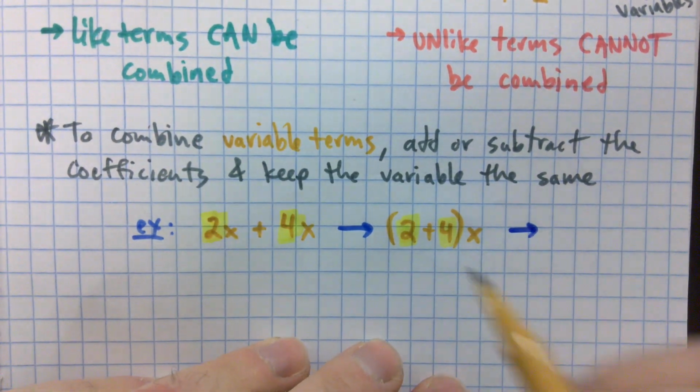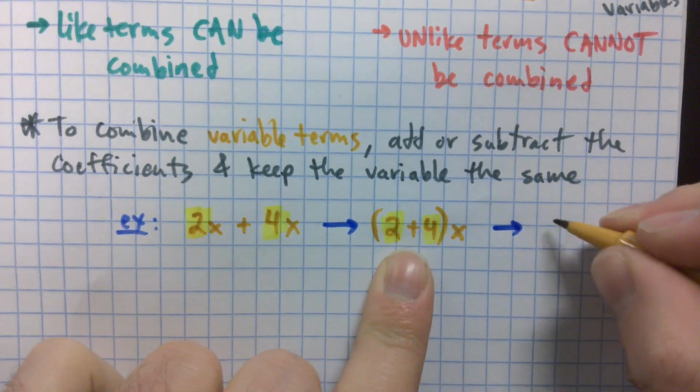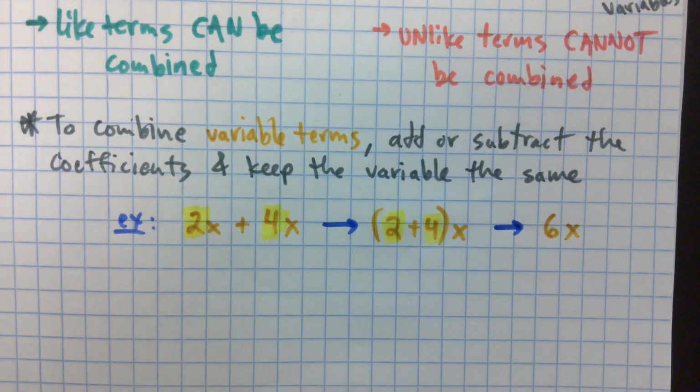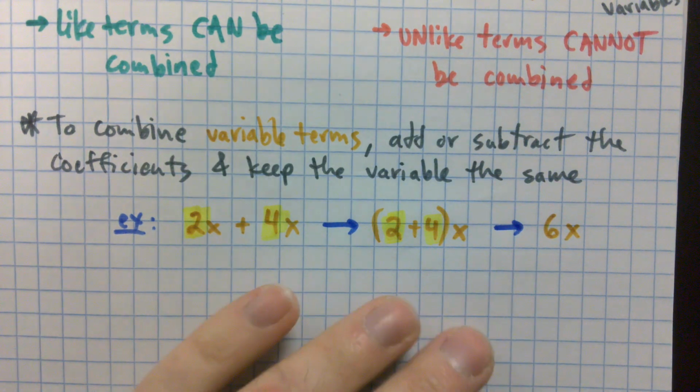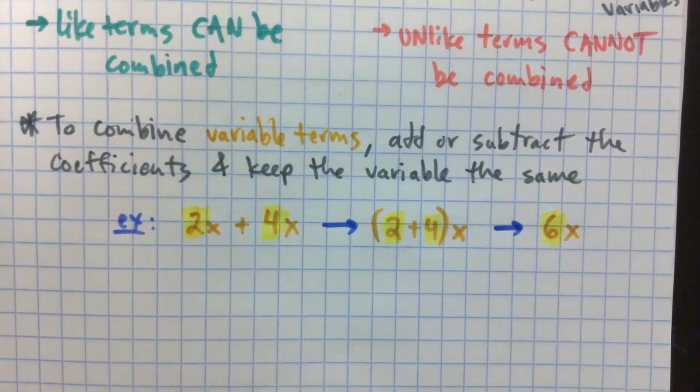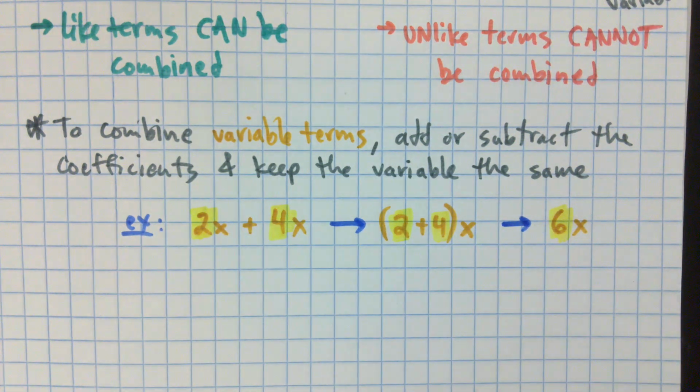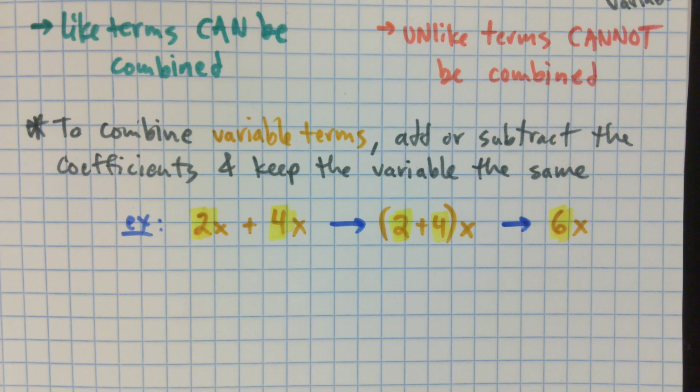What would 2 plus 4 give me as a new coefficient again? 6. Keep that x right there on the end. That's combining like terms. 2x plus 4x gives us 6x. 3y plus 4y would give us 7y. And so on, just like that.